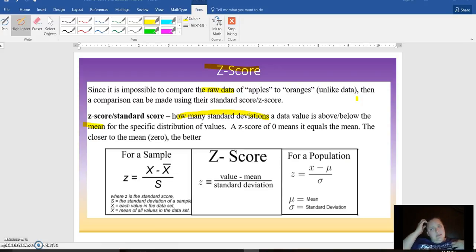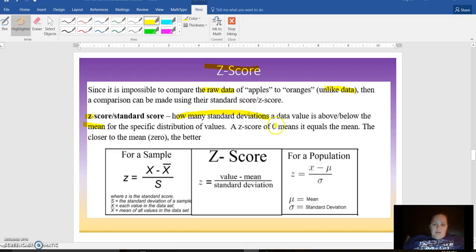You just take unlike data, and so you can compare them on the normal curve. A z-score, we'll learn later, is related to a z distribution. That's later.